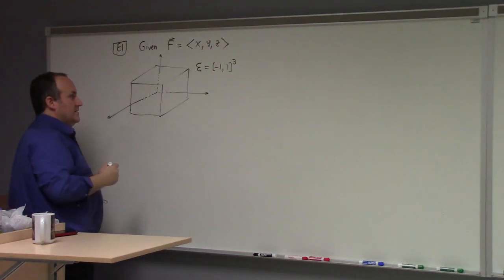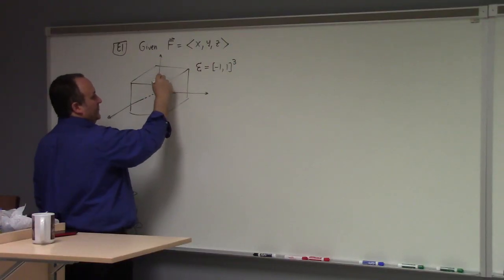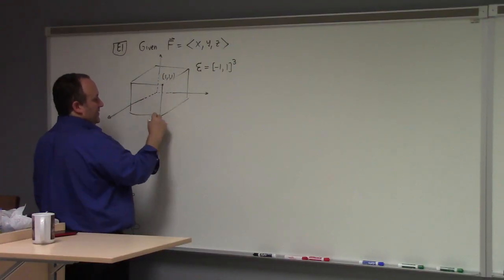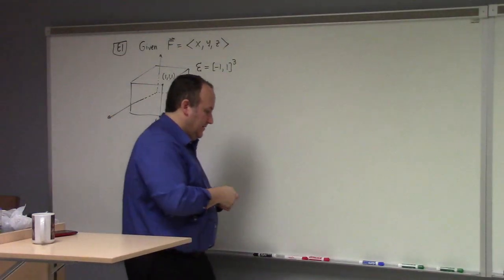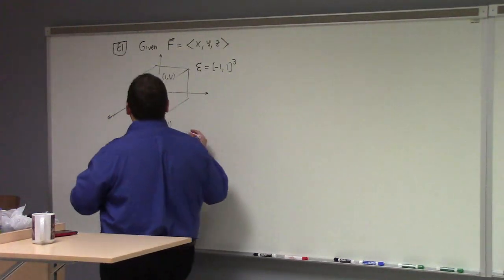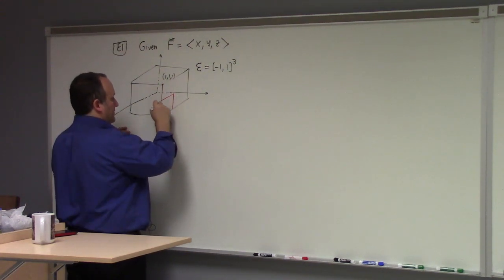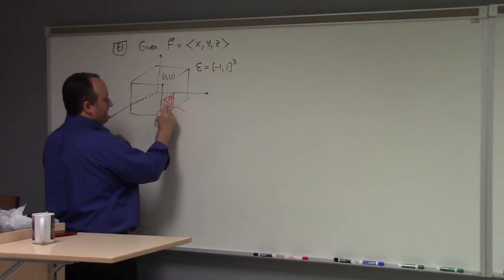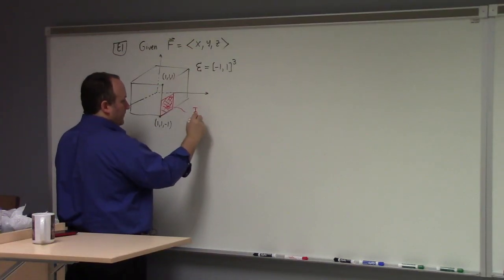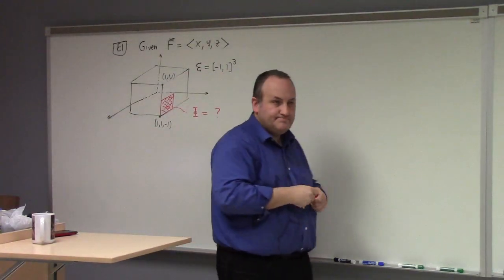So it's the cube, and the side length of the cube is what? Okay, this point here would be 1, 1, 1. This point down here would be 1, 1, minus 1. Then, my question is, what is the flux of this vector field through this particular region? What's the flux through that particular patch?